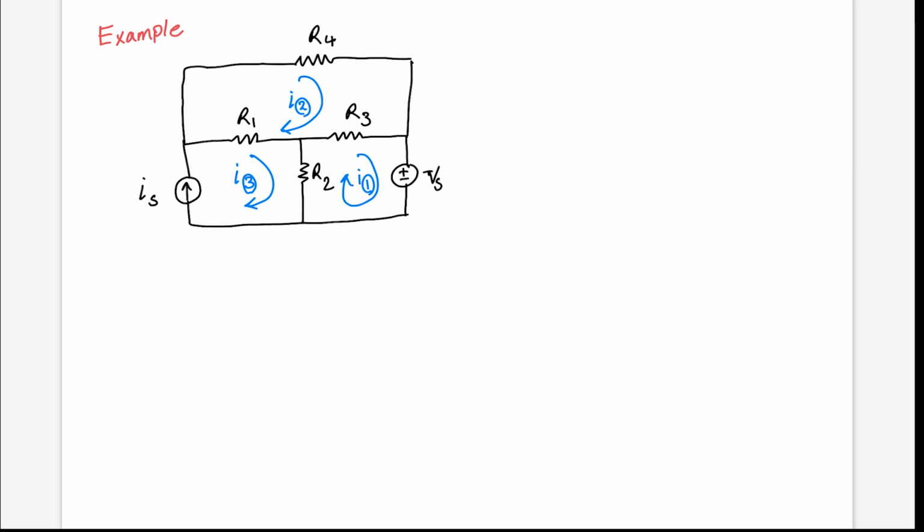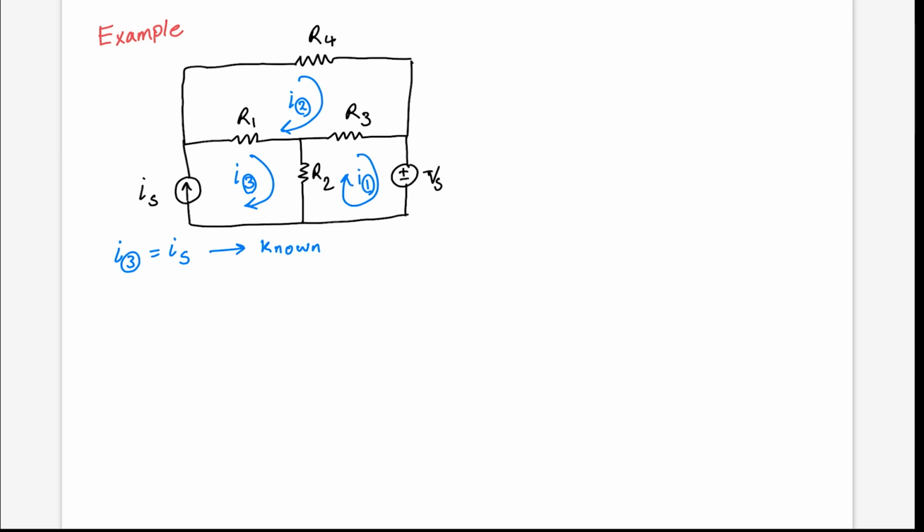Always remember that they all should be in the clockwise direction. What we see here is that IS is equal to I3. So I3 is equal to IS, and this is known. So I3 won't be an unknown variable. We have found it here by checking the circuit.